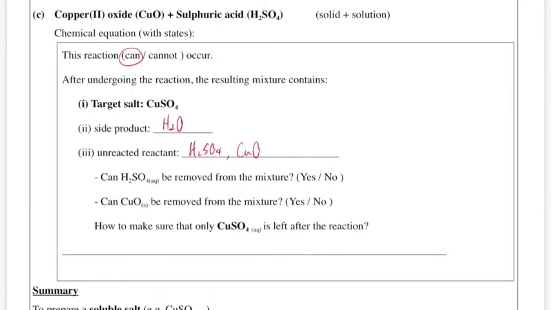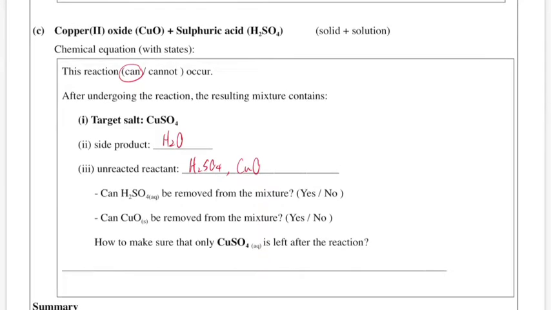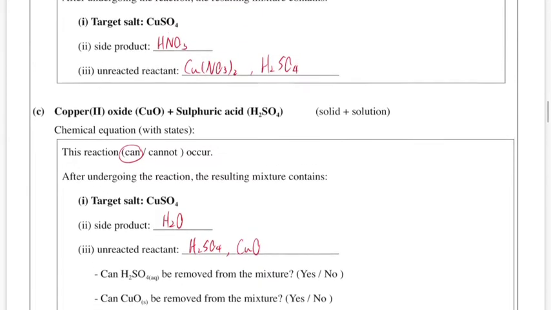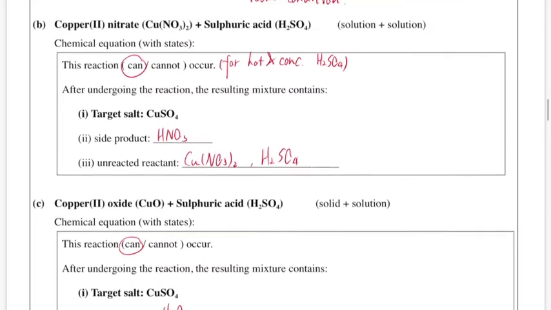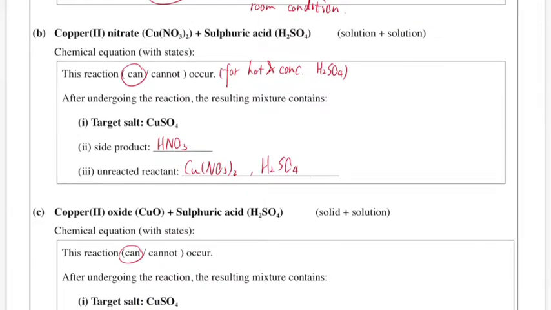Okay, so now let's consider, can we separate those unreacted reactants or the side product from the resulting mixture? For part B, take a look. Originally, we have two solutions, okay? And now we have unreacted reactants.